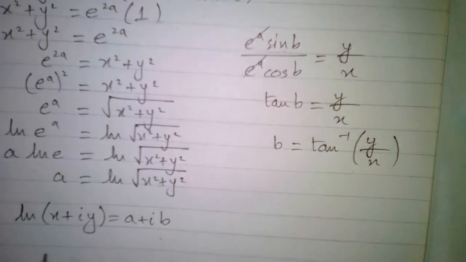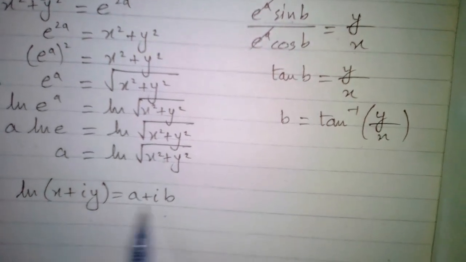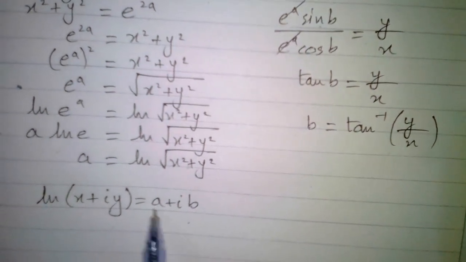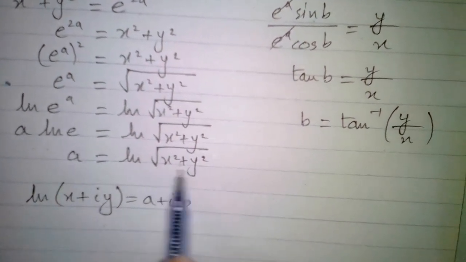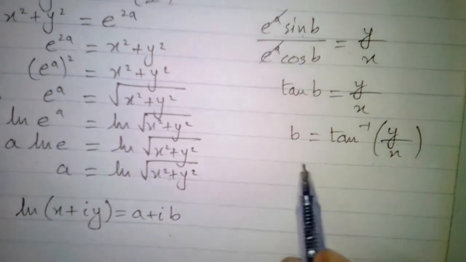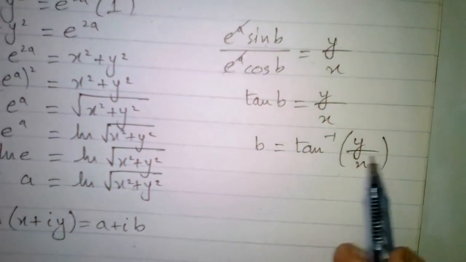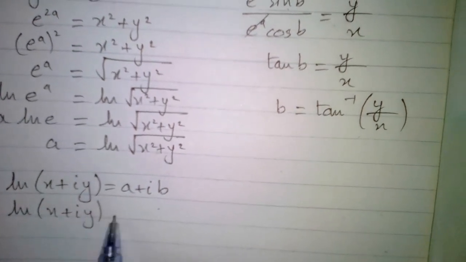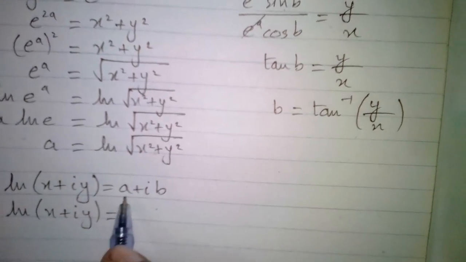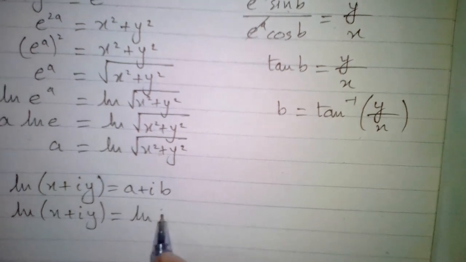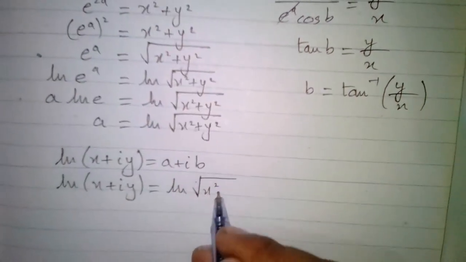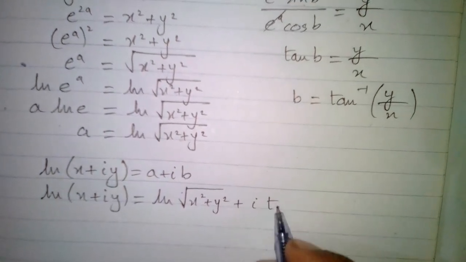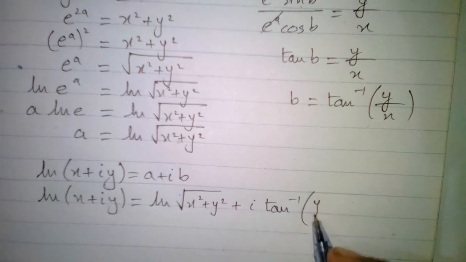So the log of a complex number is again a complex number. We have found the value of a, which is ln of square root of x square plus y square, and the value of b is equal to tan inverse of y upon x. So we have ln of x plus iota y is equal to, in place of a we put ln of square root of x square plus y square, plus iota, and in place of b we have tan inverse of y upon x.